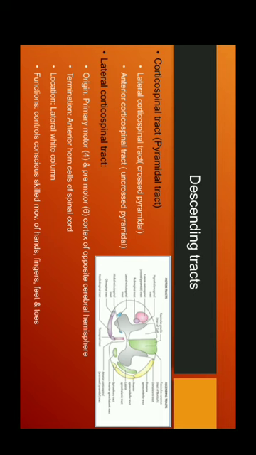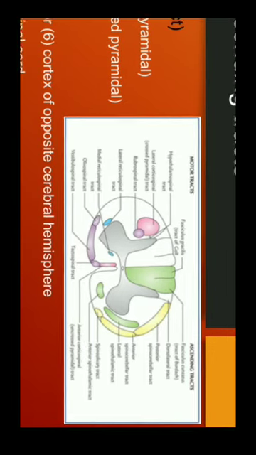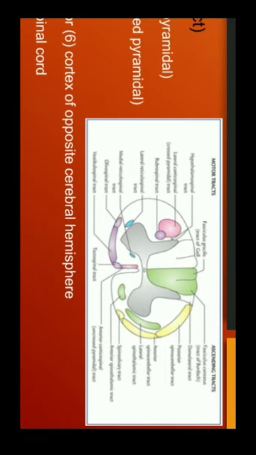Let us have a look over this picture. This picture shows the descending, that is the motor tracts, and the ascending tracts. Here you can see the descending tracts. In this half of the region you can see the ascending tracts. In this spinal cord section you have to look out where these tracts lie.